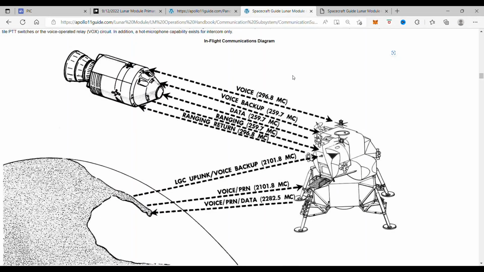The communication subsystem provides in-flight and lunar surface communications between the Lunar Module, the Command Service Module, and the Manned Space Flight Network, and between the Lunar Module and the extravehicular astronaut, EVA.